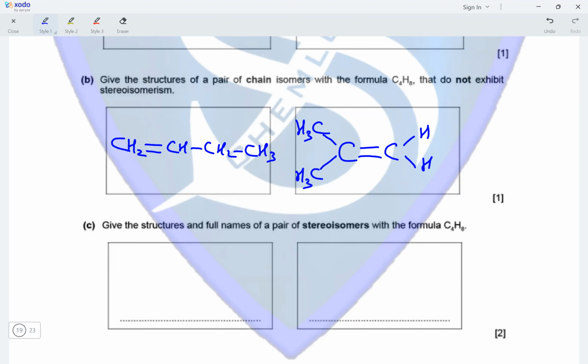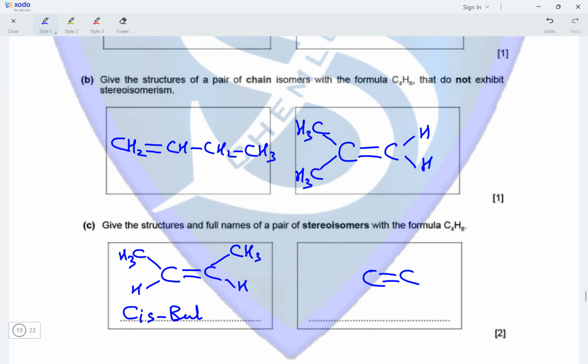Give the structure and full names of a pair of stereoisomers with the formula C4H8. So we need to form cis and trans form of the compound. So C double bond C, C double bond C in the cis isomer. The CH3 groups will be on the same side and the hydrogen atoms would be on the same side. This is the cis but-2-ene molecule.